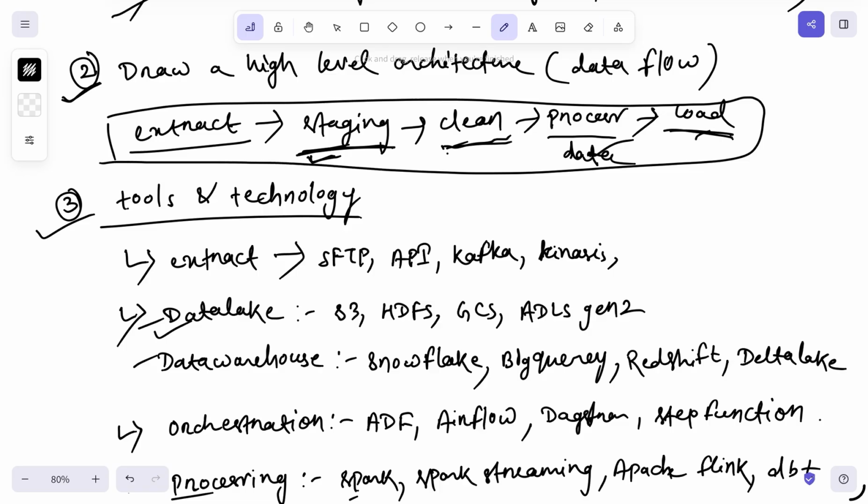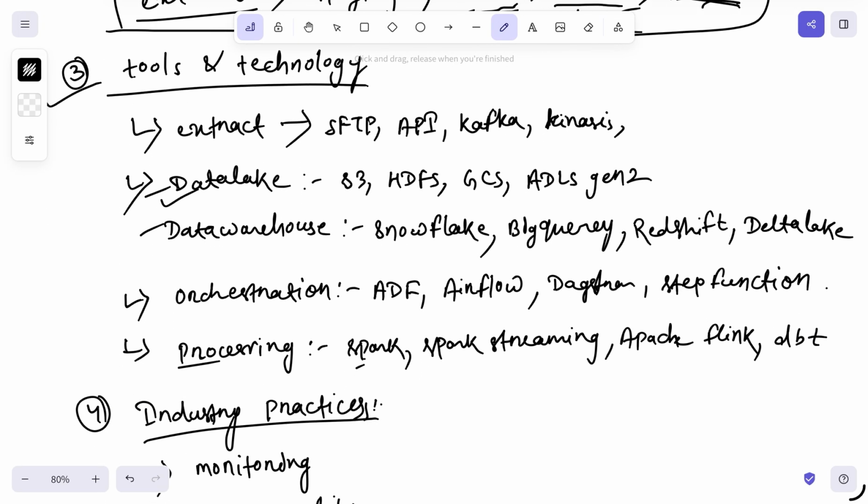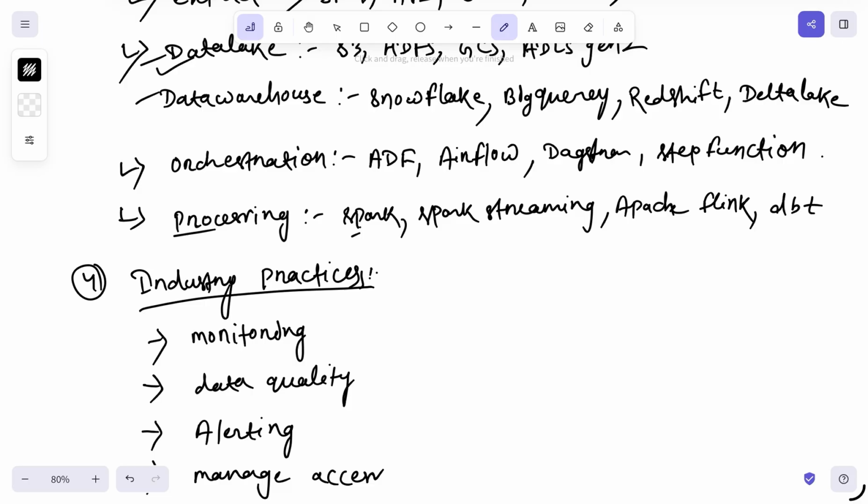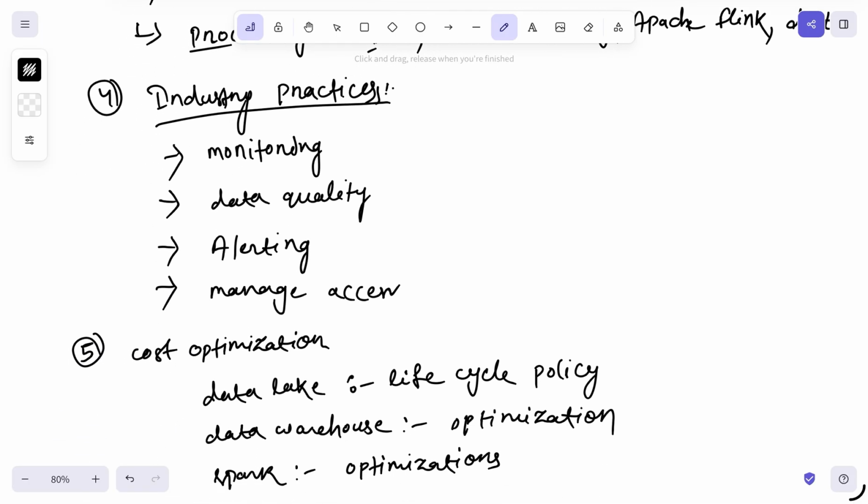Once tools and technologies are discussed, we have to discuss some industry practices, like monitoring your pipeline, maintaining the data quality, alerting on your pipelines or jobs, and managing access for personal identity information, or checking the data lineage. All of those things we have to check.